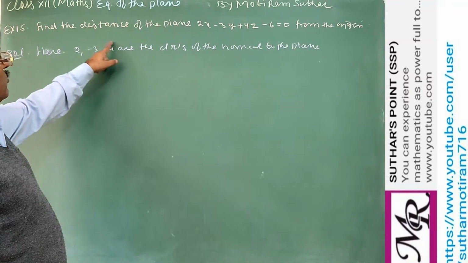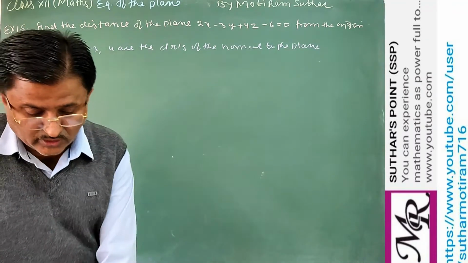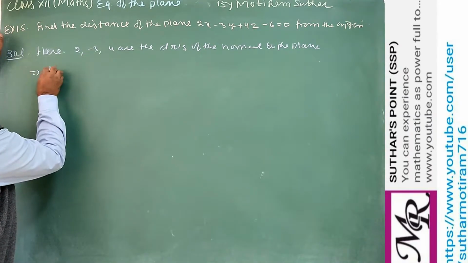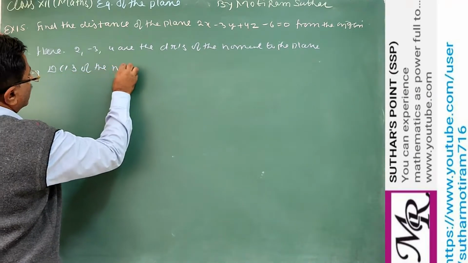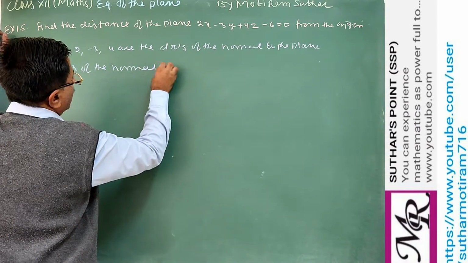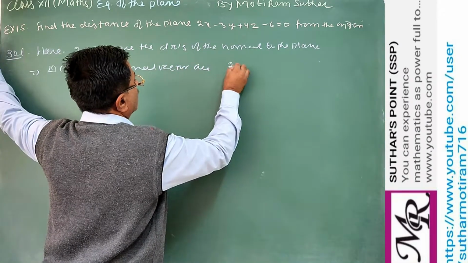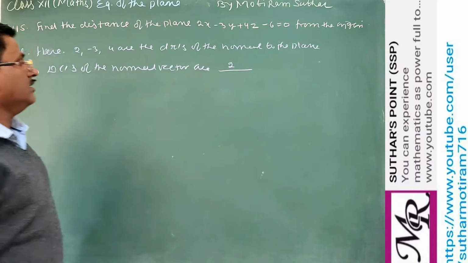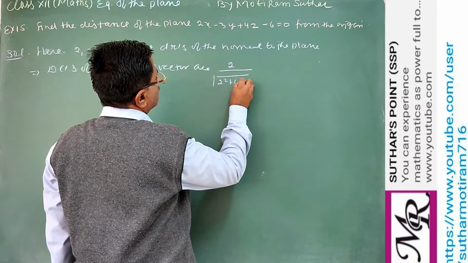Now we have to convert them into direction cosines. So the direction cosines of the normal vector: we know the formula, direction ratio divided by the root of 2 square plus 3 square plus 4 square.